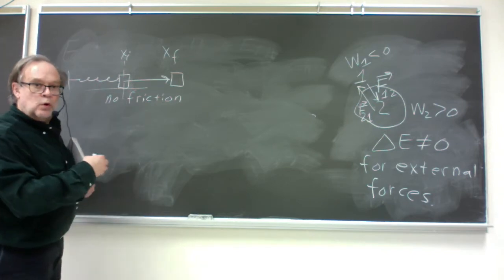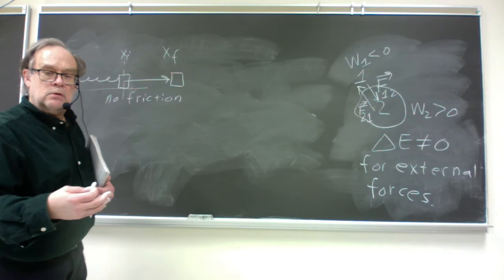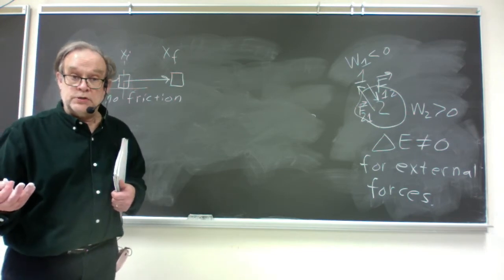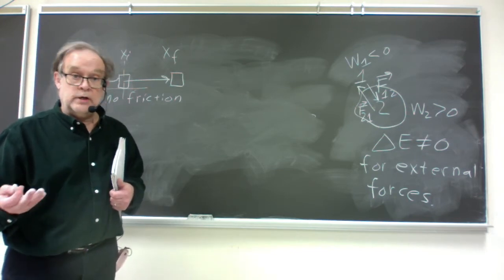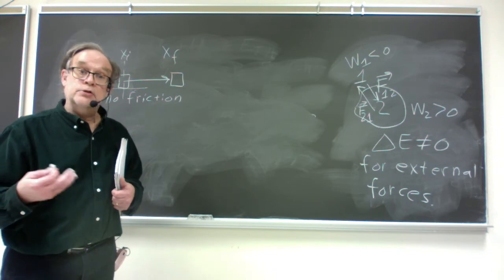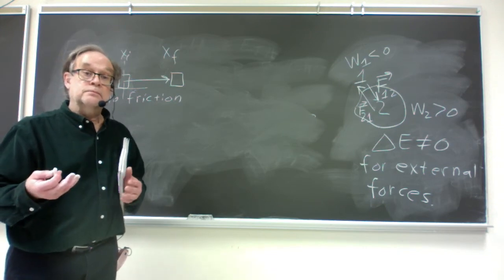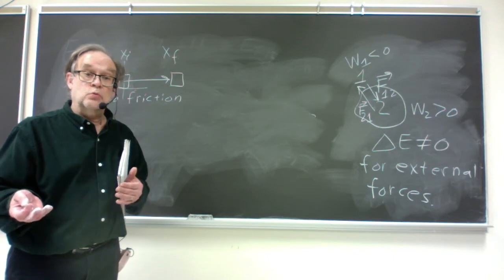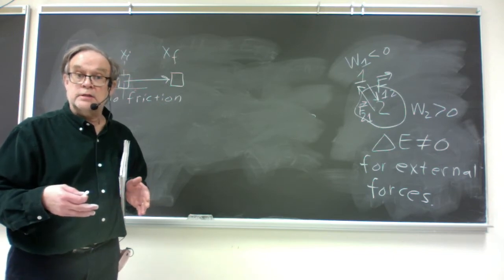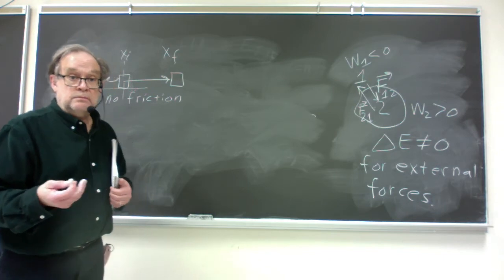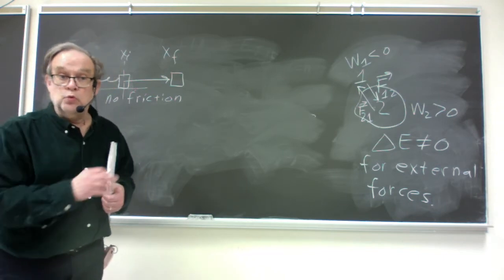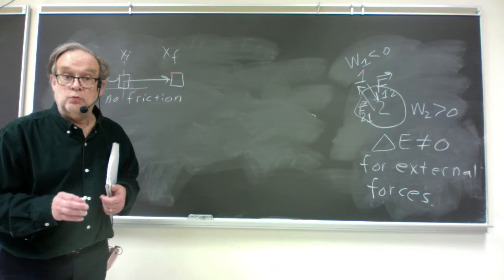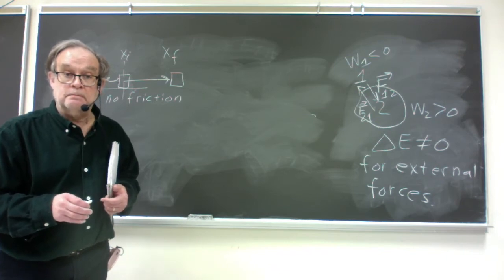Now, while that process was happening, what forces were present? Were they internal or external? Did they do any work? Well, to figure out whether a force is internal or external, you have to know what things are actually inside the system. So use those rules I mentioned before to figure out what is inside the system.